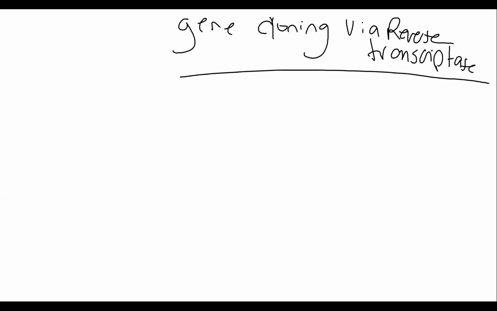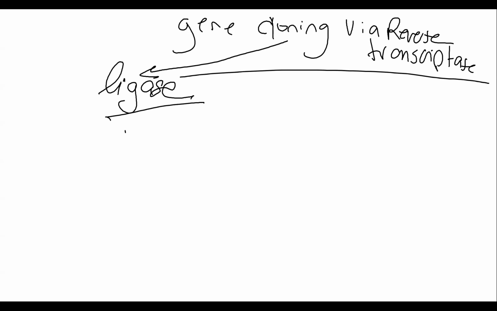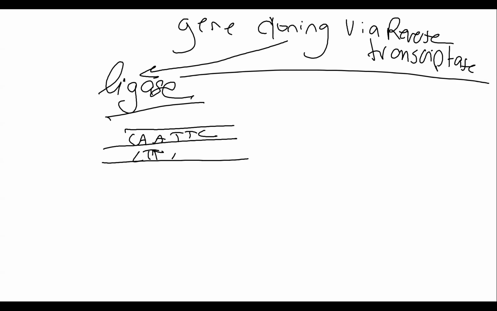So what happens here? We want to do gene cloning via reverse transcriptase. Of course, in cloning, what is the main enzyme that we use? The main enzyme is the ligase enzyme. So let's say we have these two single-stranded DNA: CAATTC and CTTAAG.